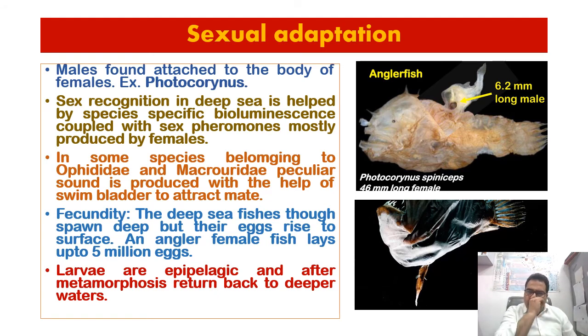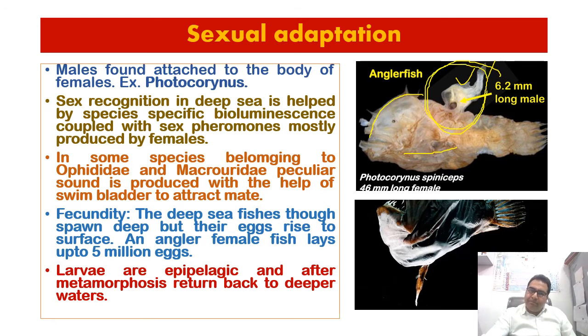So many times what happens is that the males, for example, in this case of Photocorynus, which is also one of the angler fishes, you are seeing here that this is the body of a male which is attached to the female. This fish is the female, and this is the male angler fish.